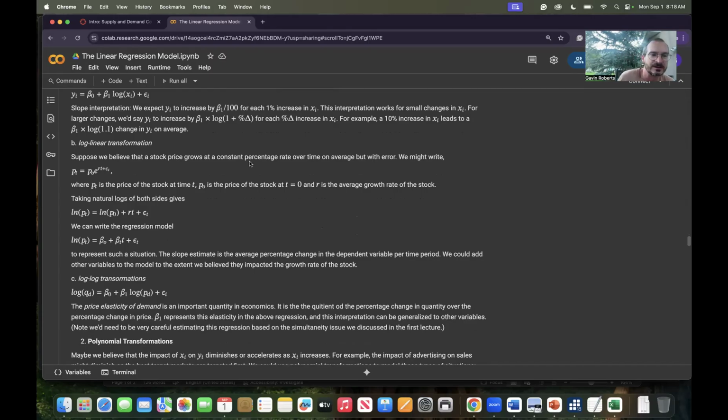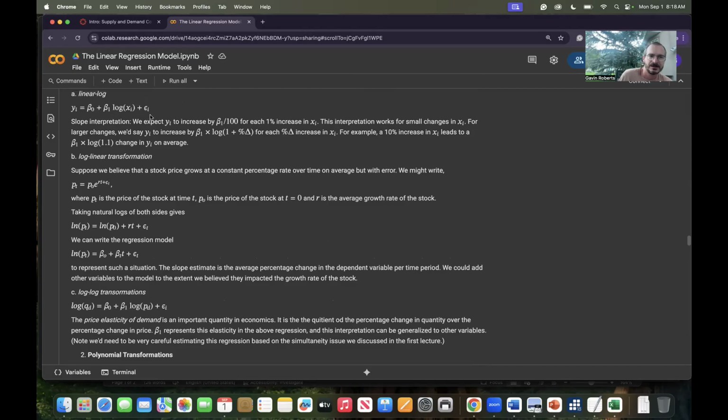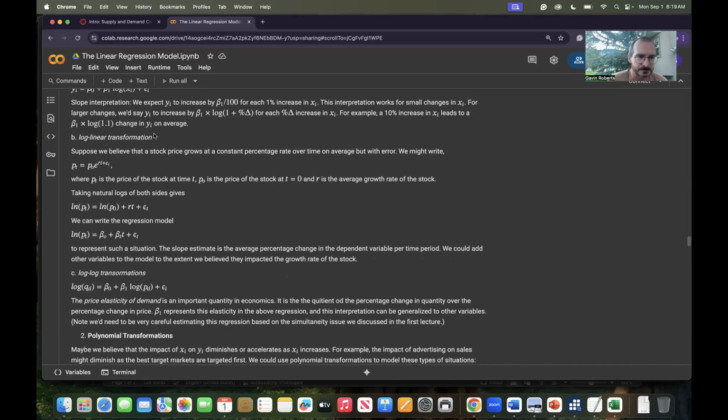For larger changes, we'd say y_i increases by beta 1 times the log of the percent change in x. For example, a 10% increase in x leads to a beta 1 times log 1.1 change in y on average. So we have to be careful, obviously, with slope interpretations once we wrap independent variables in nonlinearities.